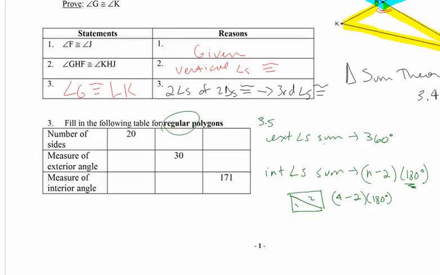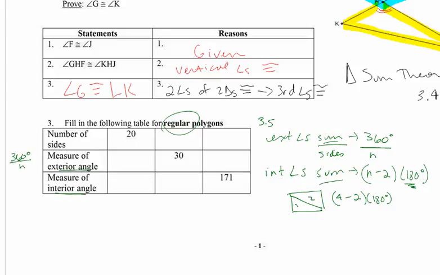Now, notice, these are sum formulas. I want just a single exterior angle and a single interior angle. This chart came right out of your 3.5 notes. Hopefully it looked familiar to you. We figured out that if we take the sum and divide by the number of sides, which we called n, we could figure this information out. So 360 divided by n is what we're going to do in this row.